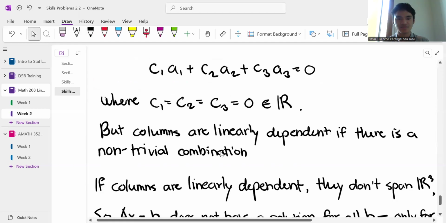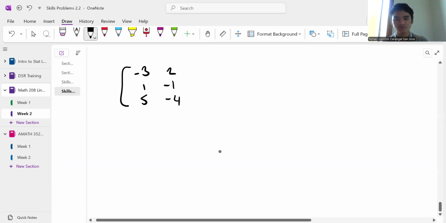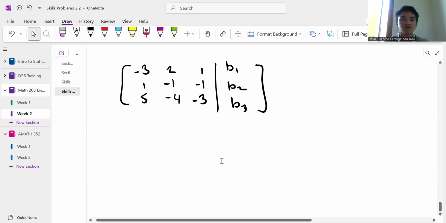Negative 3, 1, 5. Shoot, I forgot the other ones. 2, negative 1, negative 4. 1, negative 1, 3. Negative 3 is equal to some B, B1, B2, B3, right?